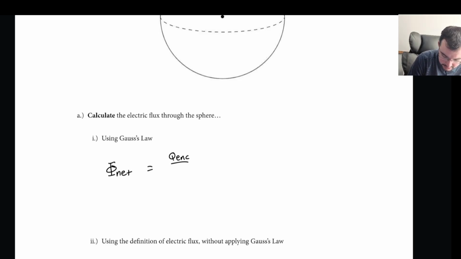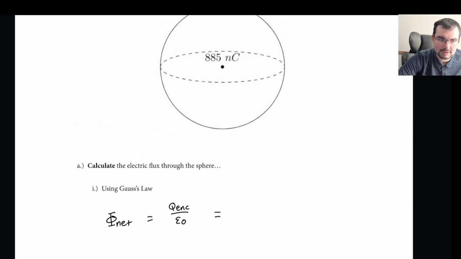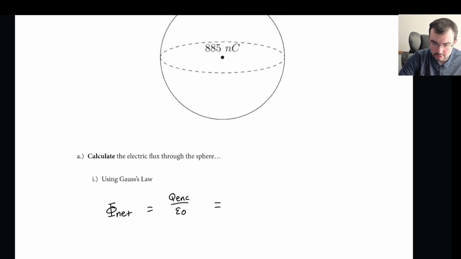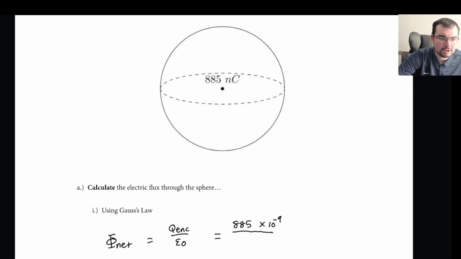First of all, Gauss's law says that the net flux through a surface is just the enclosed net charge divided by epsilon naught. And we know each of these things. The enclosed charge is 885 nanocoulombs. And for epsilon naught, that's a formula sheet thing.